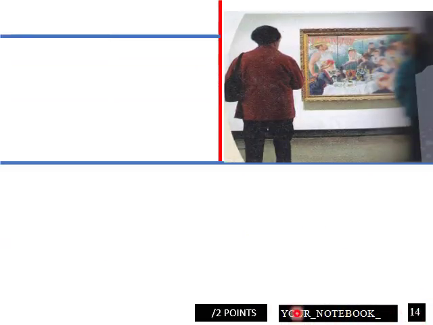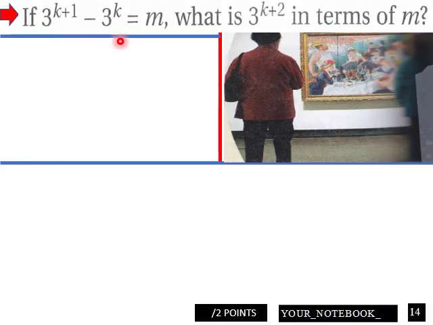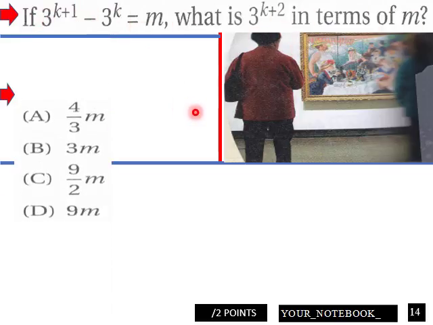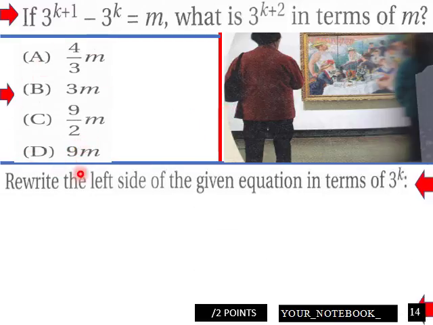Okay, next page here. If 3^(k+1) minus 3^k equals m, what is 3^(k+2) in terms of m? So in terms of m, here are possible answers here. Rewrite the left side of the equation in terms of 3 to the k power.